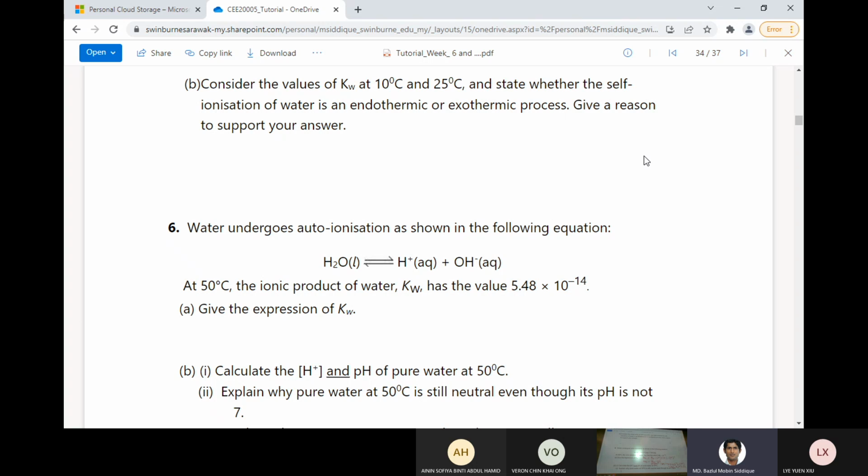Is it? So should we stop drinking hot coffee or tea or anything? Do we? Just drink cold water. No, because water, when it goes to 50 degrees centigrade, still has the same amount of hydrogen and hydroxyl ion.